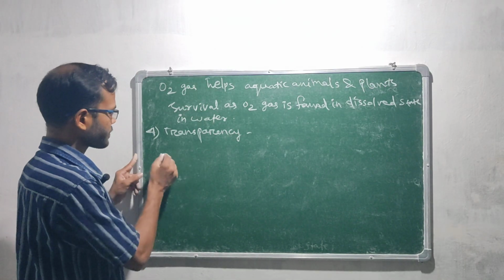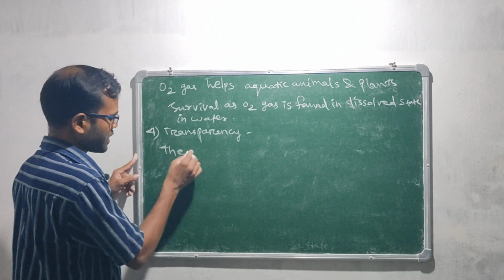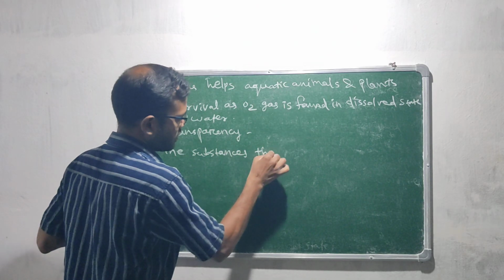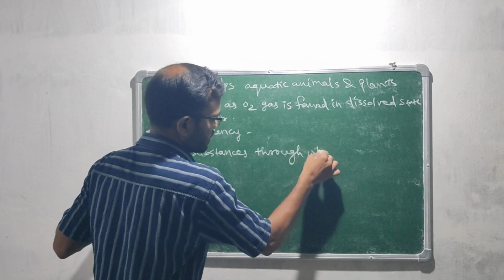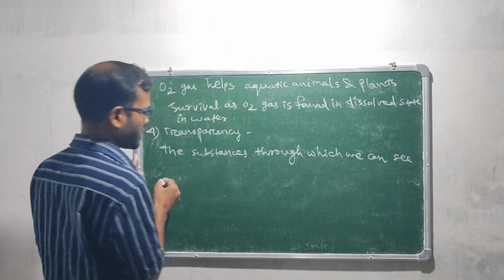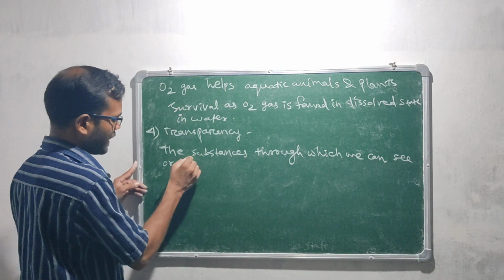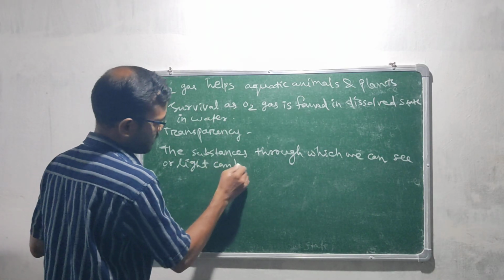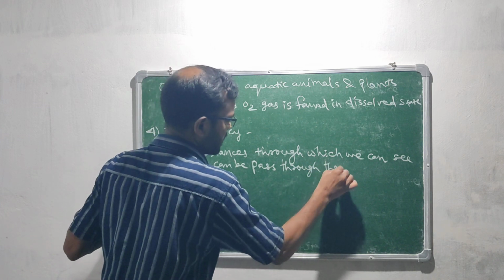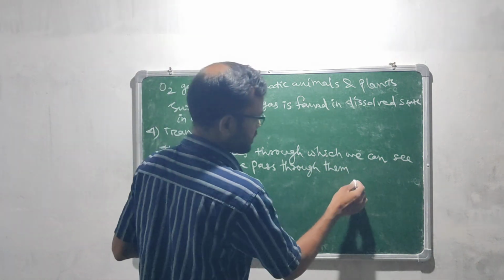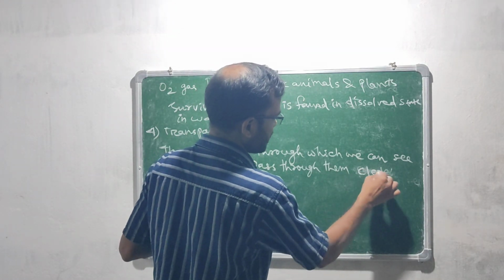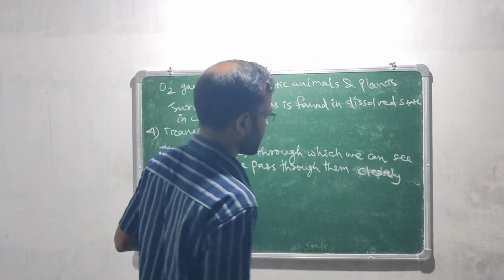So the first one is the substances or materials through which we can see, or light can pass through them clearly.